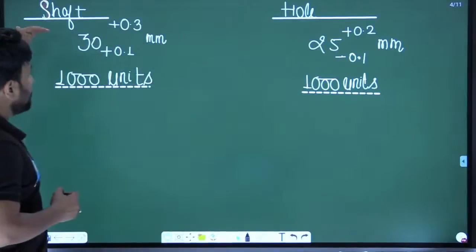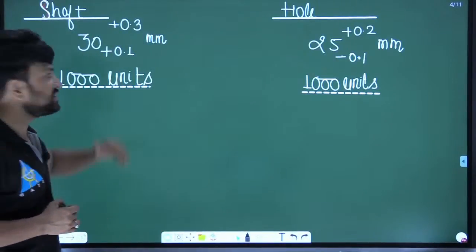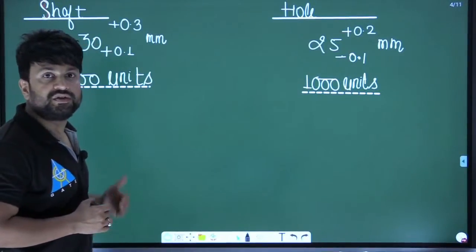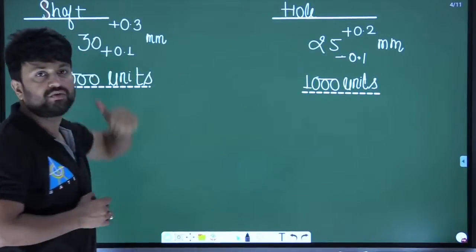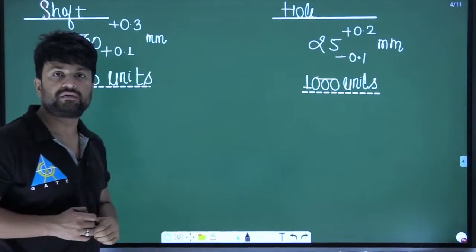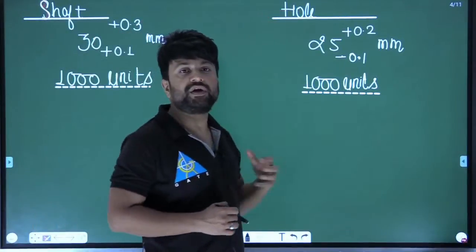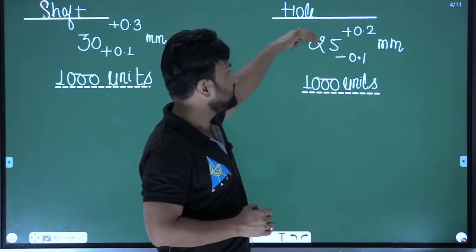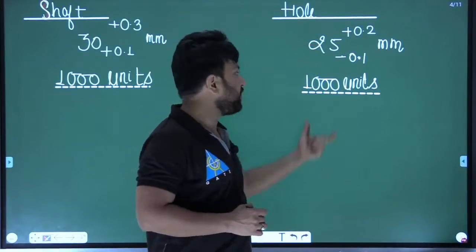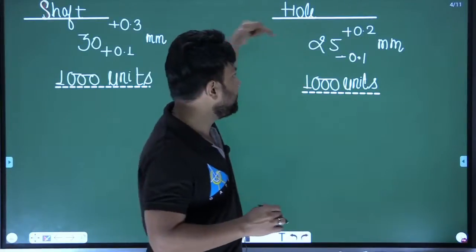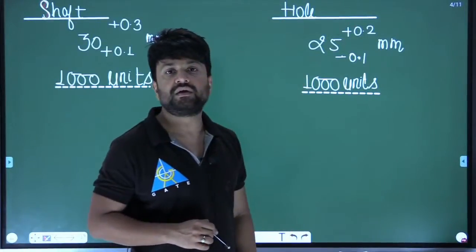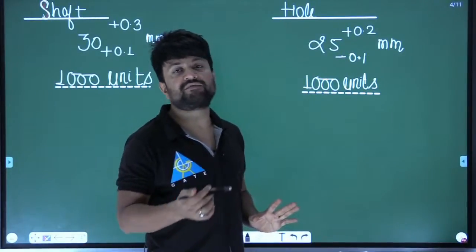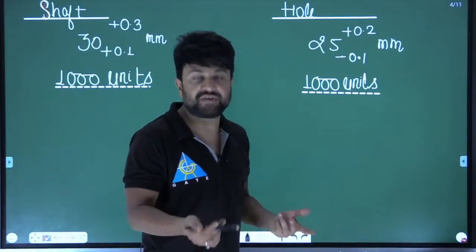According to the shaft, we will design a gauge for that dimension only, and it will check the 1000 units. Likewise, according to the hole, we will design a gauge dedicated to only that dimension. After that it will not be useful for us, because we have to manufacture a different size.